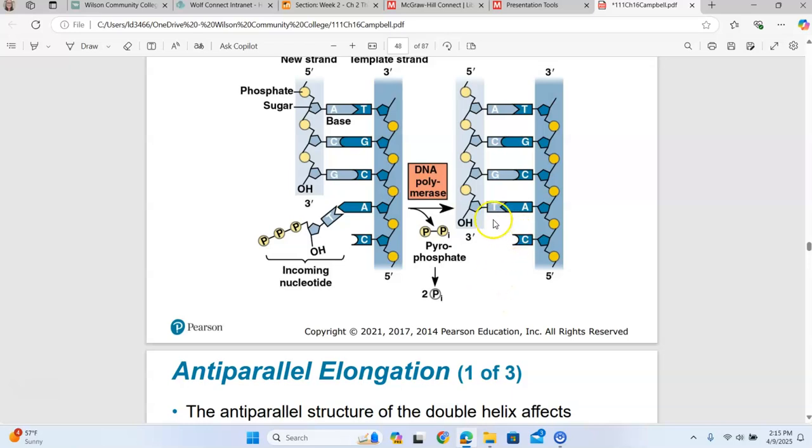So it's really adding, okay. The way they're wording this, it's adding in the 5' to 3' direction. I guess it's talking about this new strand being in the 5' to 3' direction. But you can see the ones that come in are adding to the 3' end of the new strand, basically.